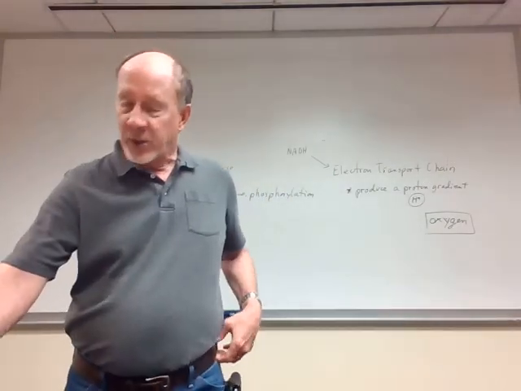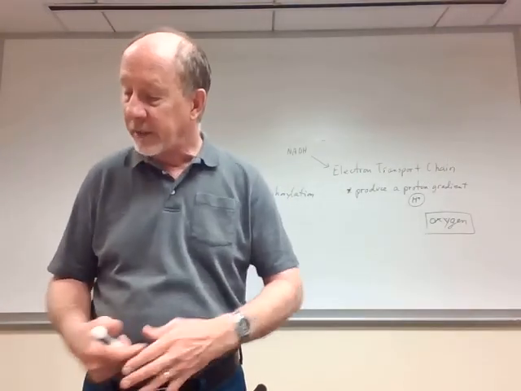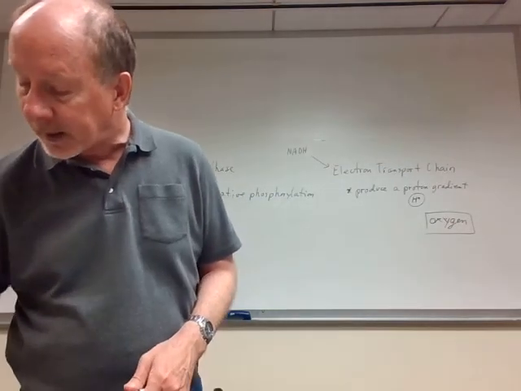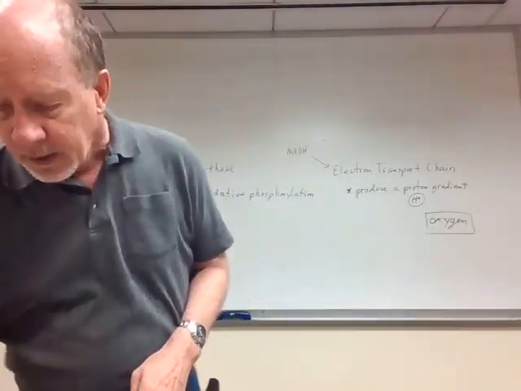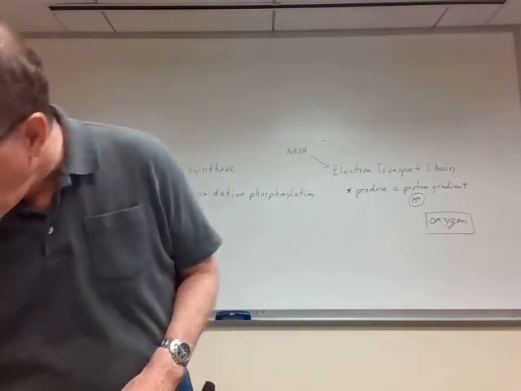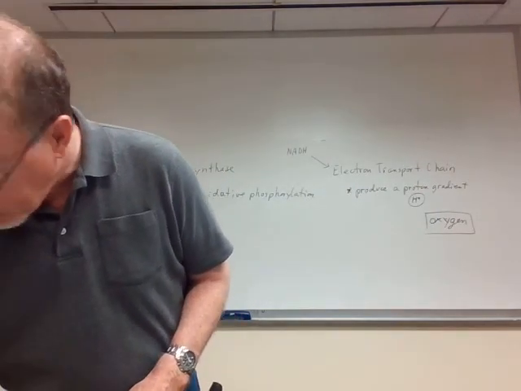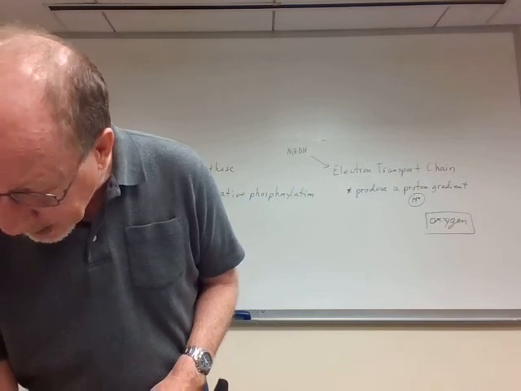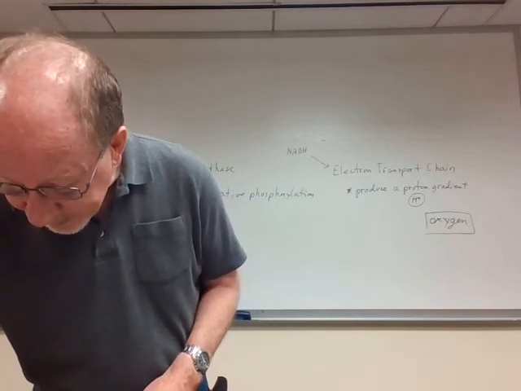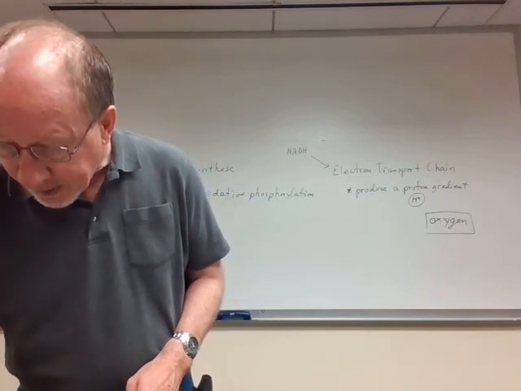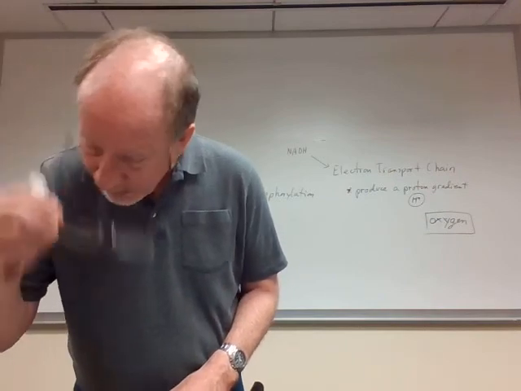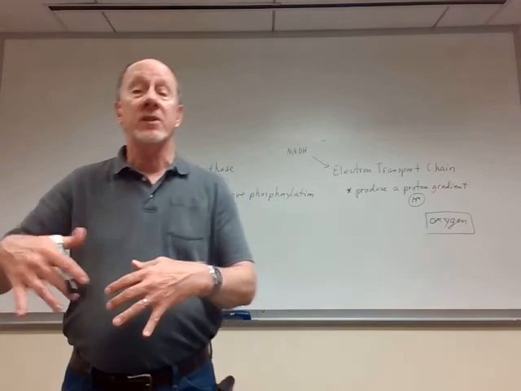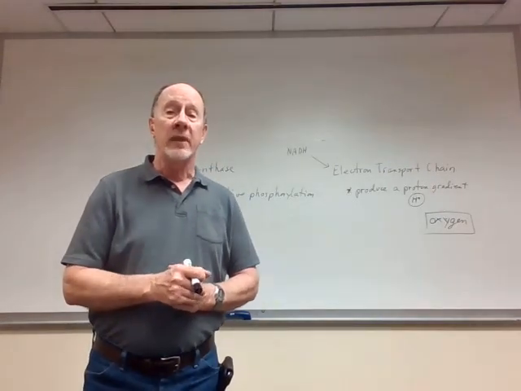So this little picture down there is not all inclusive. They should have had some ATPs coming out of glycolysis and so forth, but this is the big picture that we need to be familiar with. And it is described also on page 82. Down the left-hand side, mostly, don't worry about membrane flow, that's with the plasma membrane. But the left side of 82 kind of summarizes this whole bit about cellular respiration.